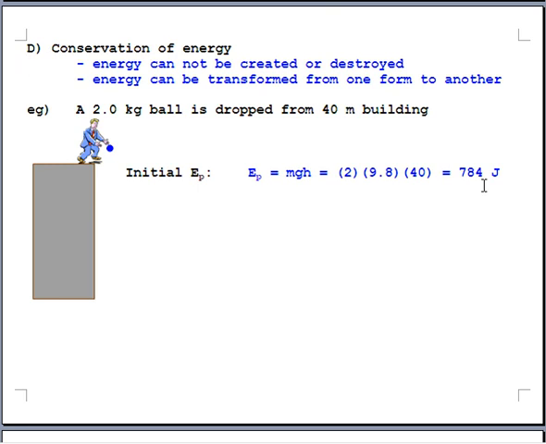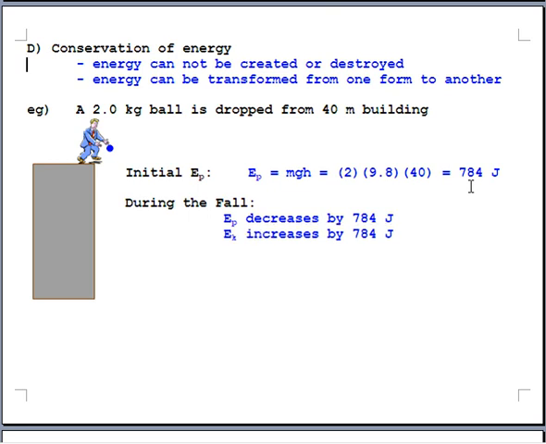If you think about what the ball's doing while it falls, it's picking up some speed. It's going faster and faster. So its kinetic energy, which started at zero because he's just hanging on to it initially, is going to start to grow and grow and grow. All 784 joules of potential energy go all the way down to zero, and they simply turn into kinetic energy.